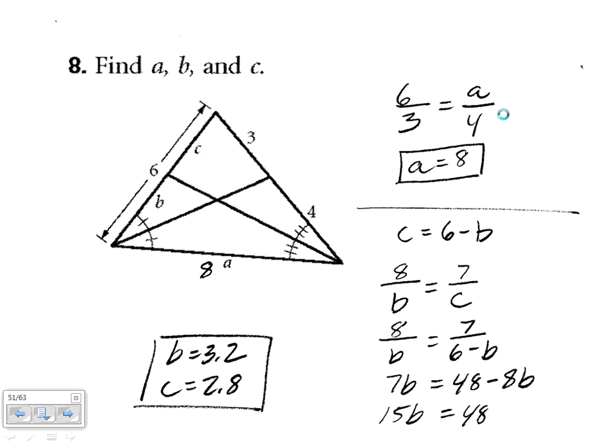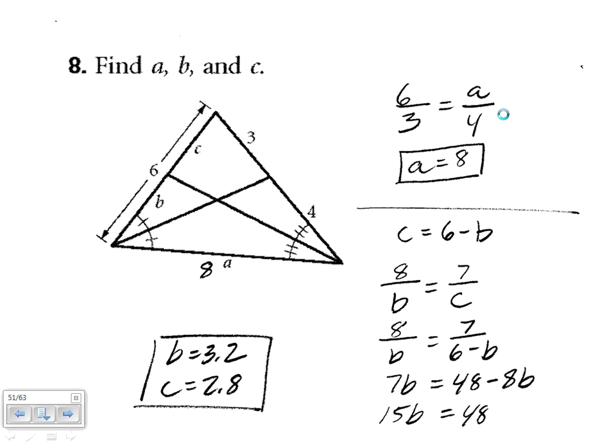Number 8 is a little tricky one. I want to show you how I did this. A lot of people always have trouble with letter A. What you guys have to do is shift your perspective and turn your head left, and make this the top. The way I set it up is this side over this side equals A over 4. 6 over 3, A over 4.